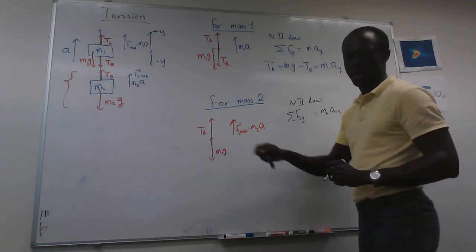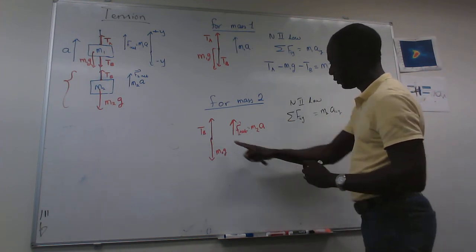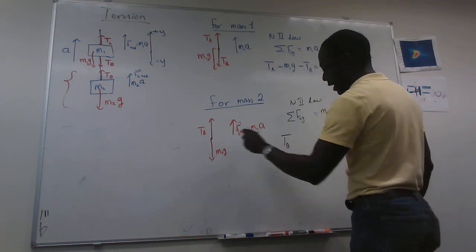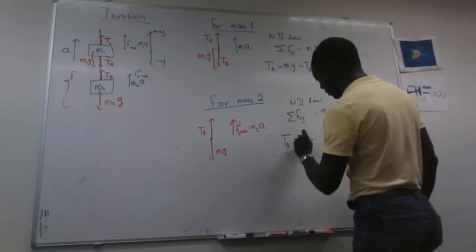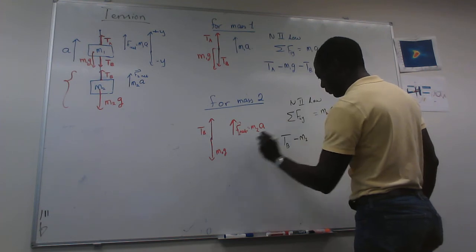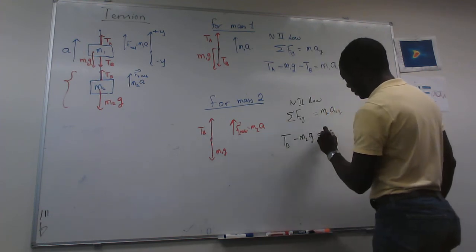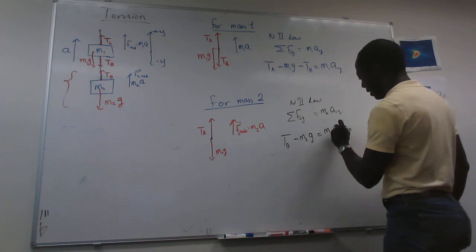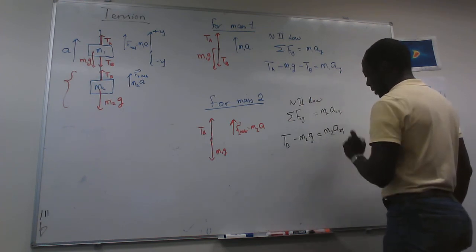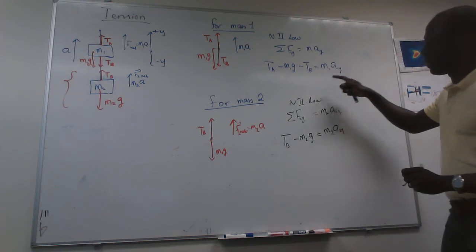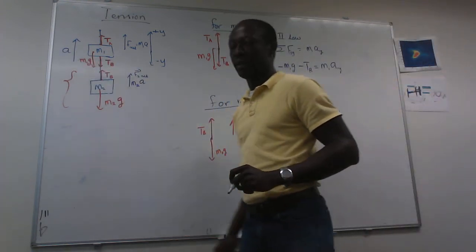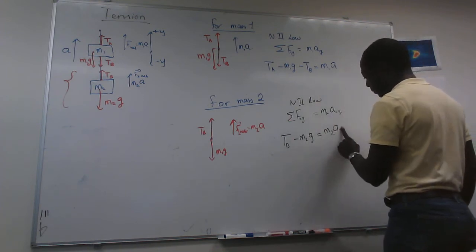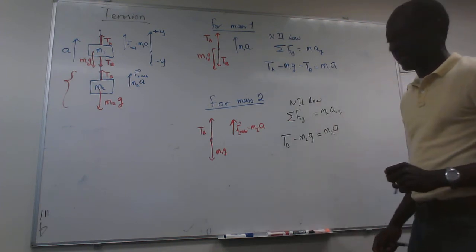And from our free body diagram, which we always have to draw for these problems, we have TB, which is positive, and m2g, which is negative, so we just put a negative sign there, is equal to m2 times a2y. And in this case, a2y is the same as a1y, which is the same as a.